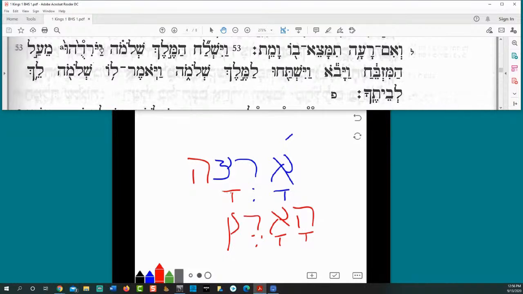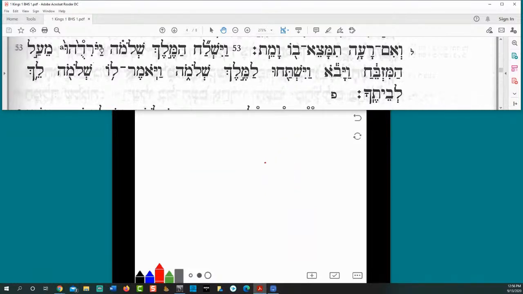And here we have the verb yarad. If you remember, I said there are certain verbs in the Hiphil where the first Yud will extend down and go back to an original Vav.